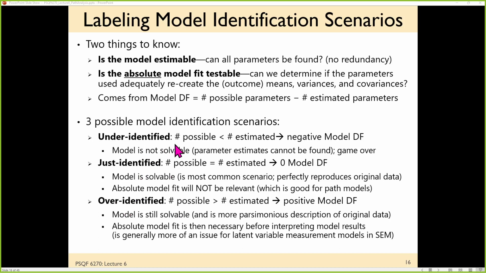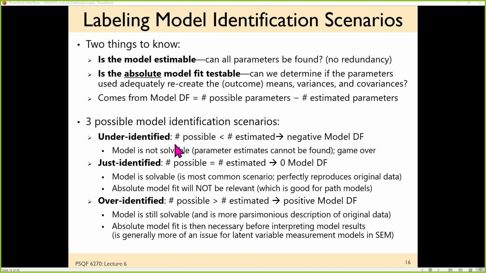Under-identified means you cannot do this. You are trying to estimate more parameters than pieces of information you have with which to estimate them. It's like being overdrawn at your bank account. You've spent more money than you have. So you would have negative degrees of freedom.